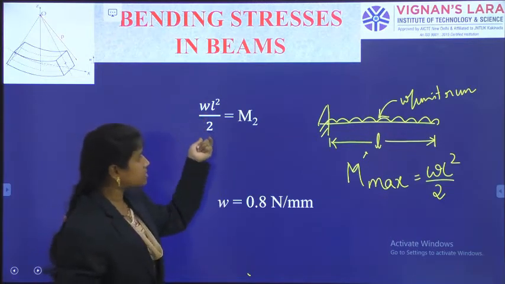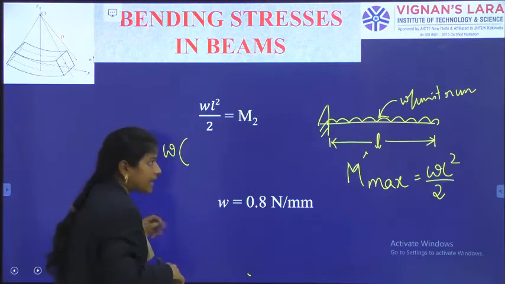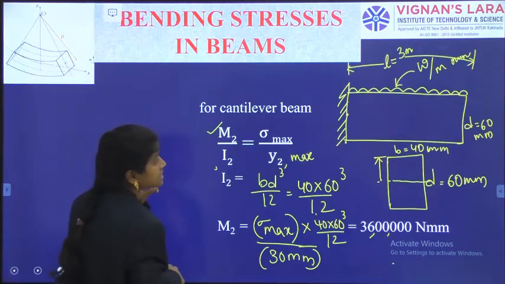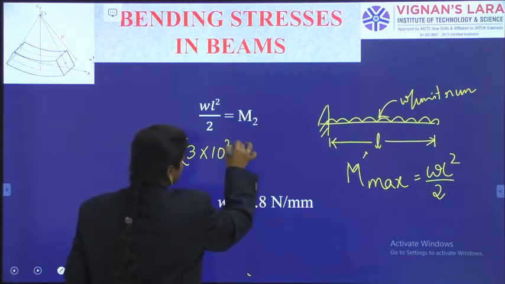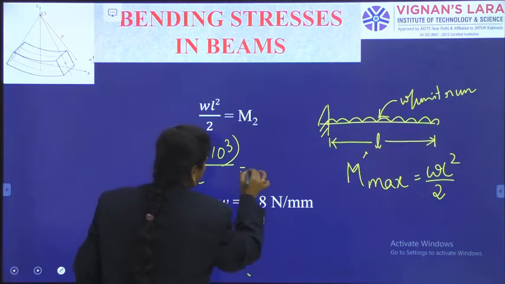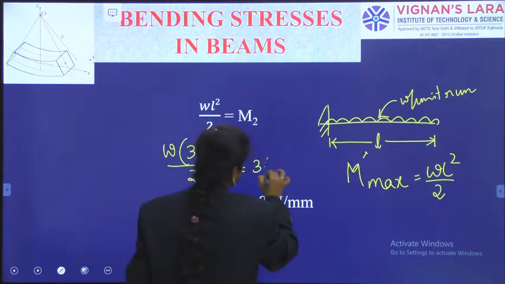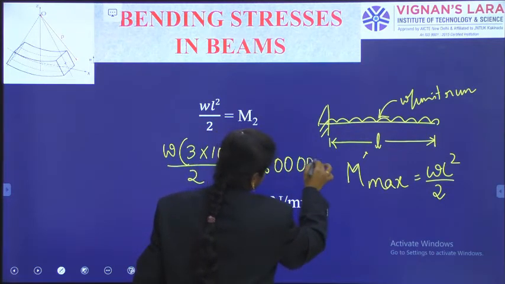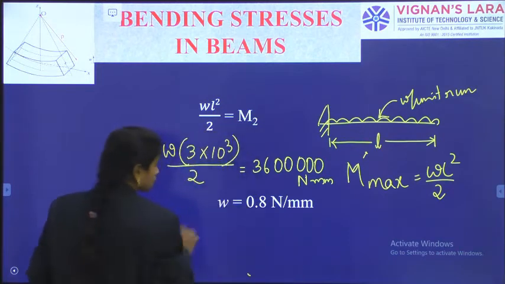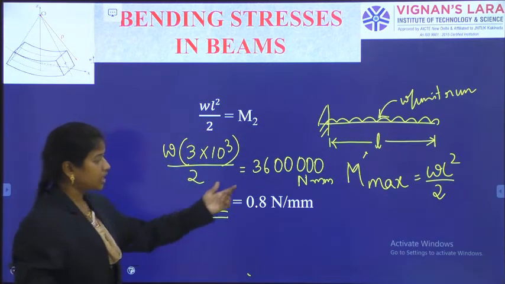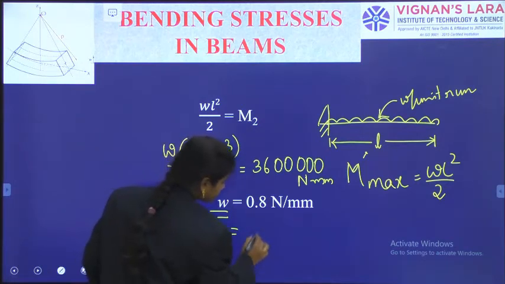Okay, WL square by 2 is equal to M2, and W is my unknown, and the length of the beam we have got as 3 meters. So W into 3 into 10 cube whole square by 2, and we have got 36 lakh, 36,000,000 Newton millimeter. Now W will be in Newton per millimeter, but they have asked us to calculate for meter, right?